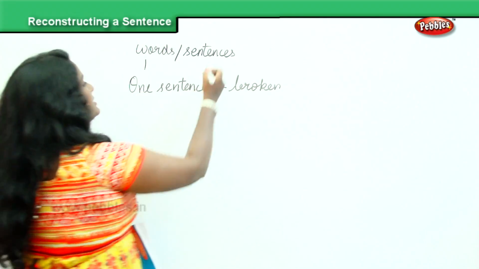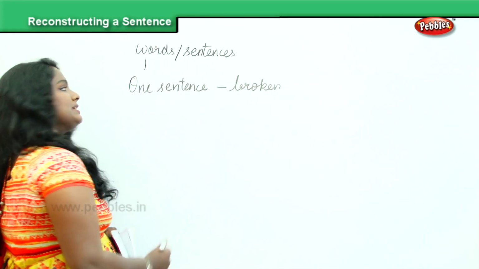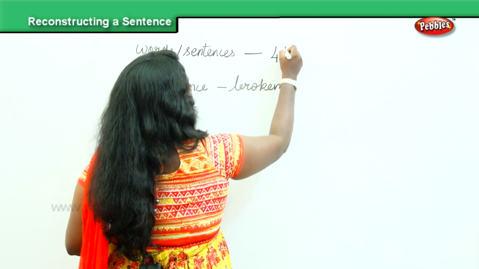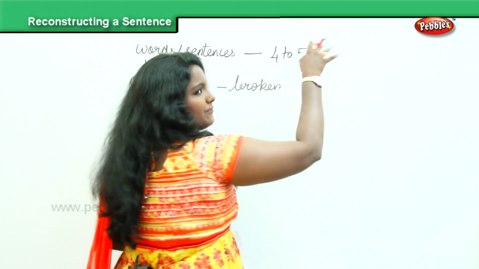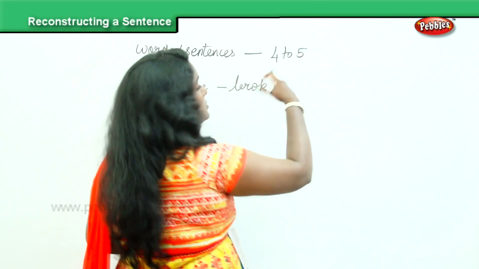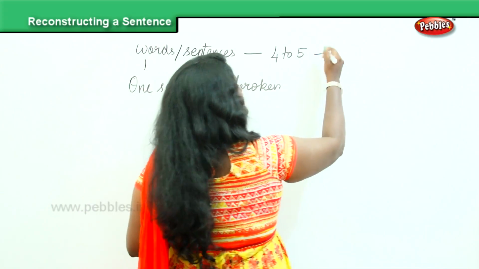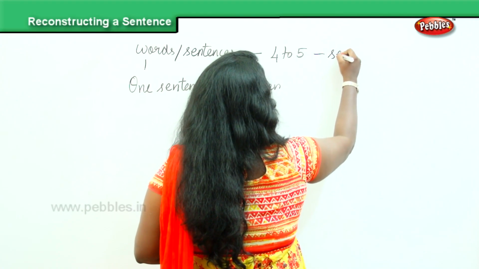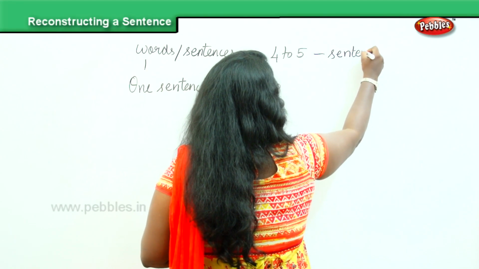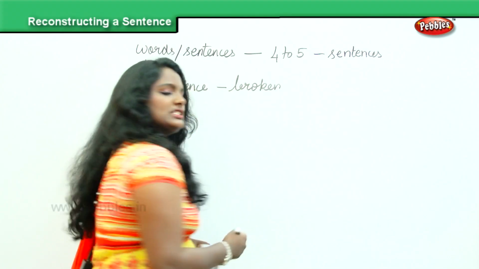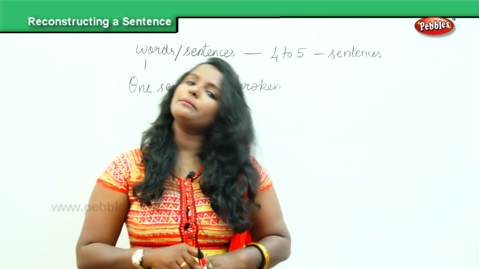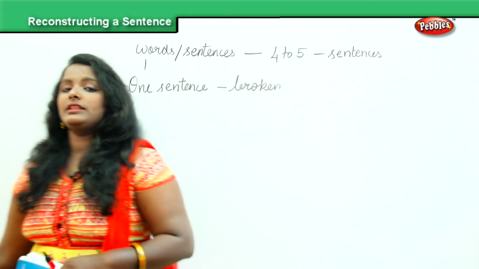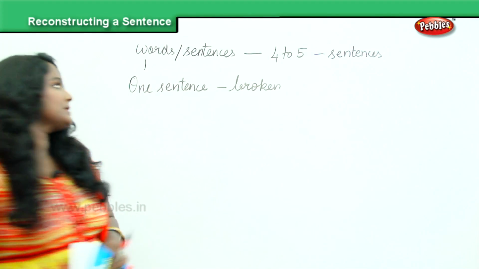And the other is when you have to rearrange sentences, where you are given mostly 4, rarely 5 sentences that are rearranged, not the words, but the sentences. You are supposed to bring them back in the correct order of a passage so that they convey the exact meaning, right?